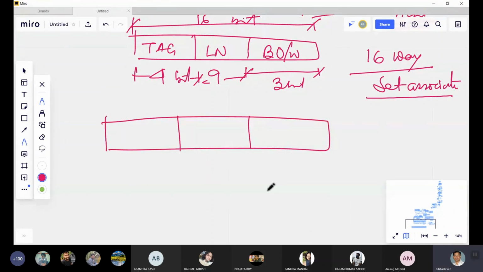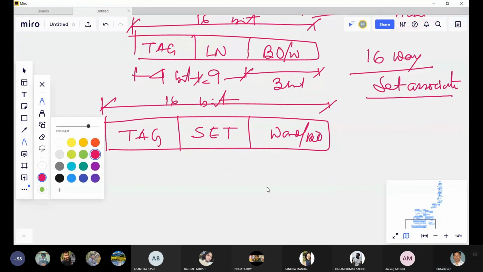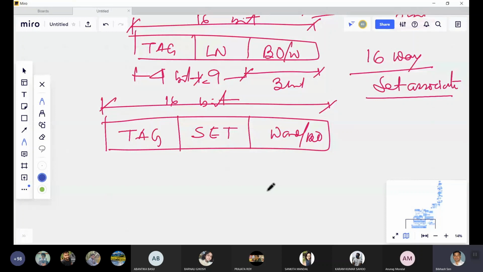There will be 3 fields, right? One is tag. Am I correct? Another is the set, and this is the word or block offset. Now tell me, because this is fixed, the CPU address generated is 16-bit. Now you tell me. Sir, tag bit is 9.